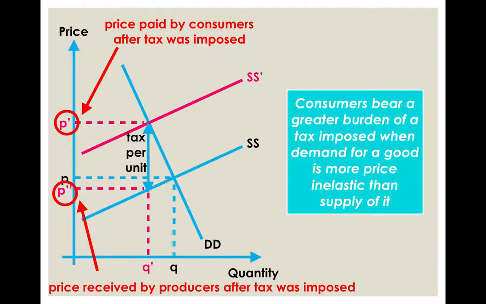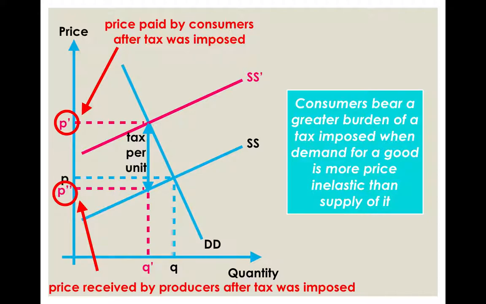So how do we figure out who bears a greater burden of this tax per unit? You notice that the tax per unit is given by the length of the blue arrow, but prices only increased for consumers from P to P prime by a distance that is smaller than the tax per unit.